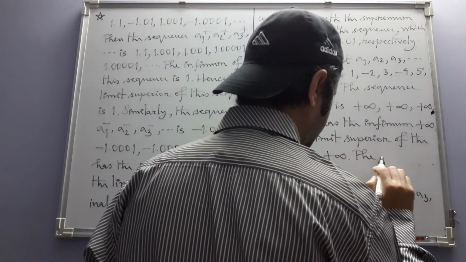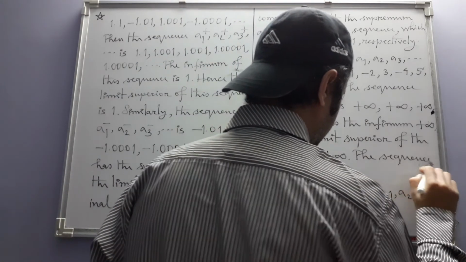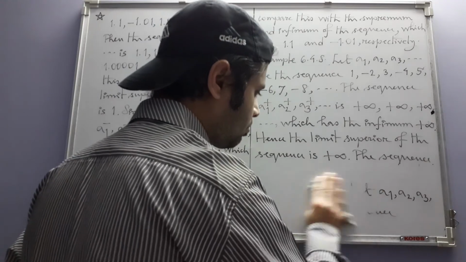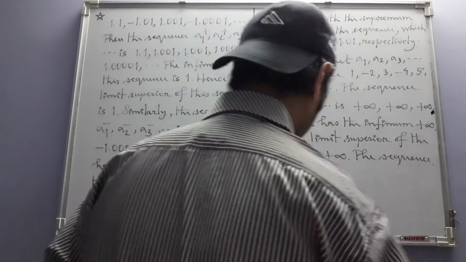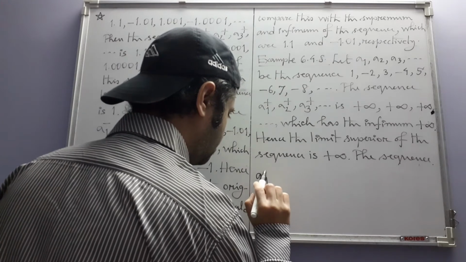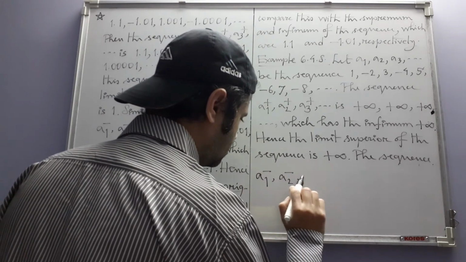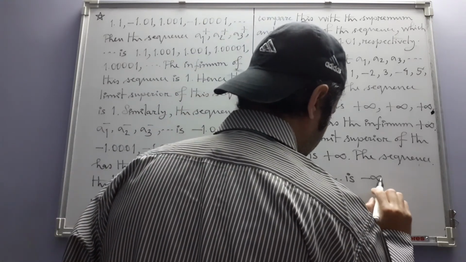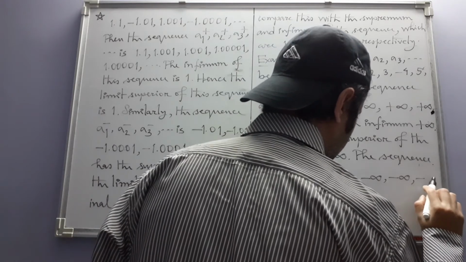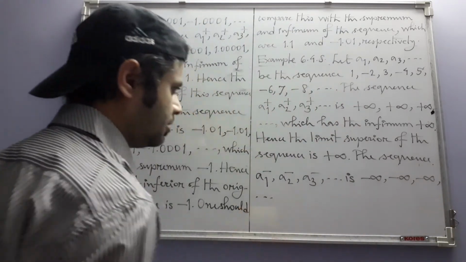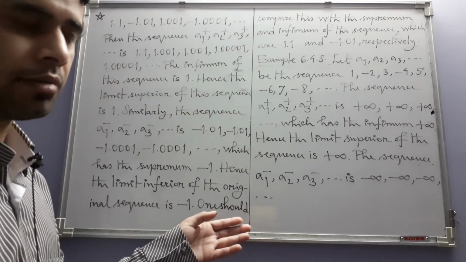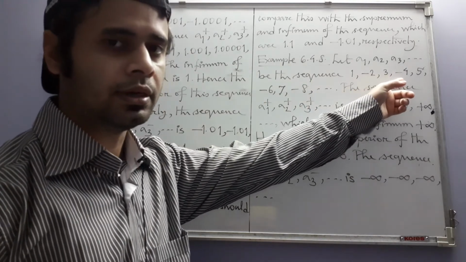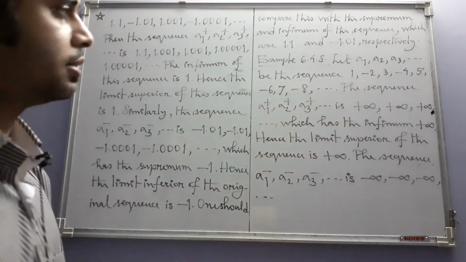On the other hand, the sequence of infima A1 minus, A2 minus, A3 minus and so on is the constant sequence, all of whose terms are minus infinity. And what is happening here is, see, now our attention comes to the negative integers, which are even integers.